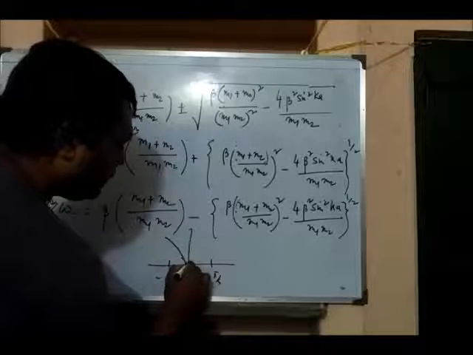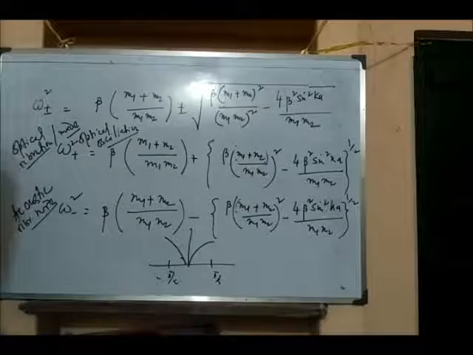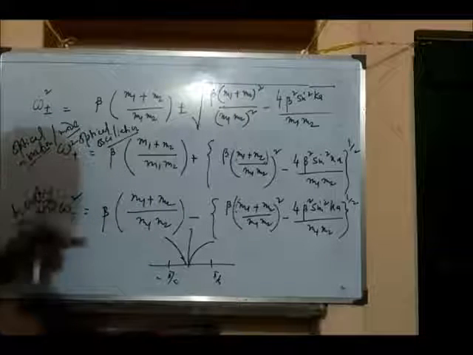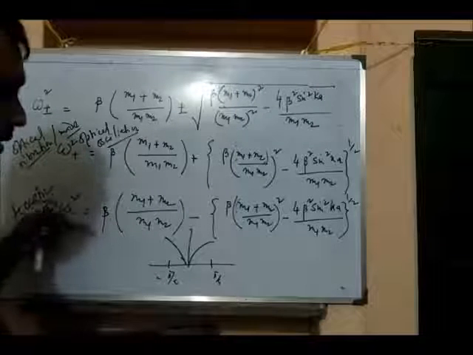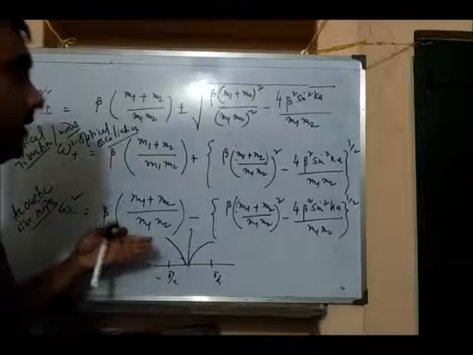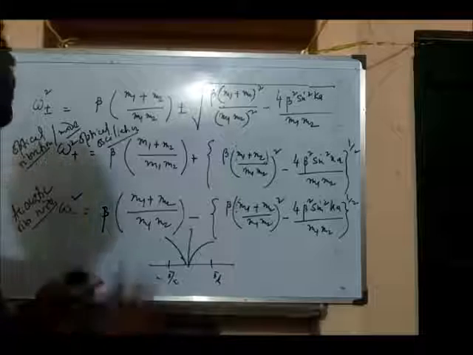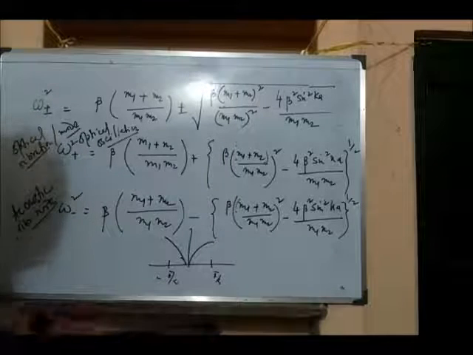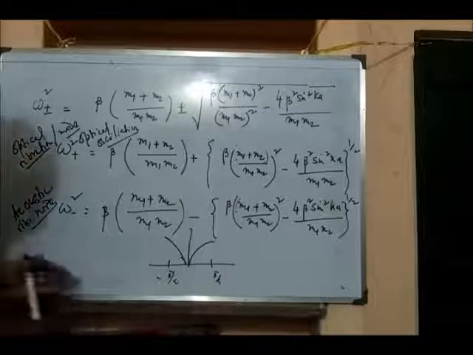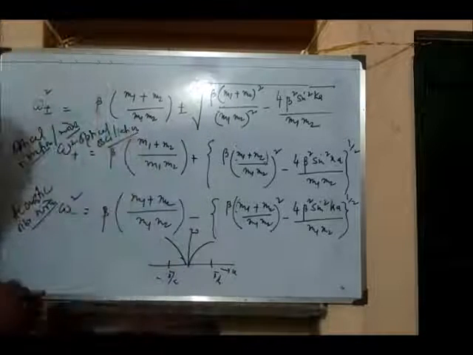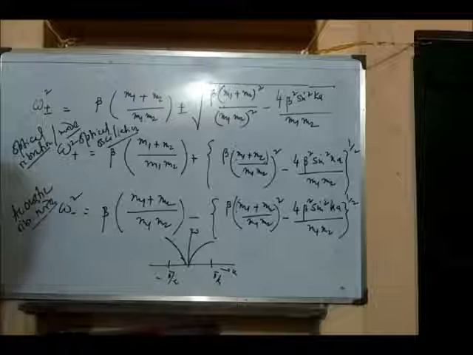But in this case, omega plus and omega minus are distinctly different. We are going to discuss the frequency spectrum, that is the omega versus k graph for the diatomic lattice, in the next class.